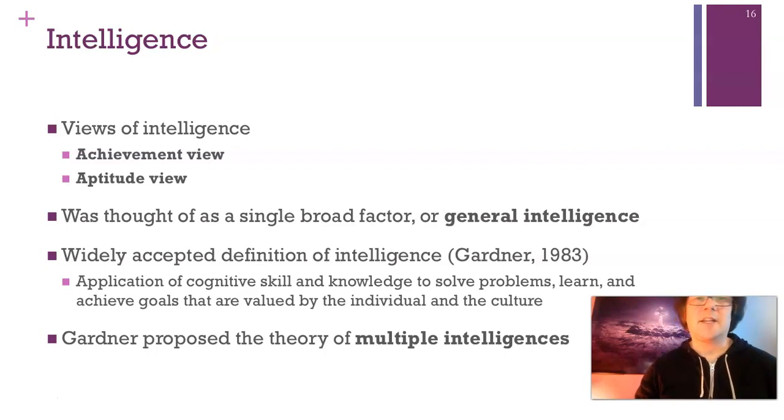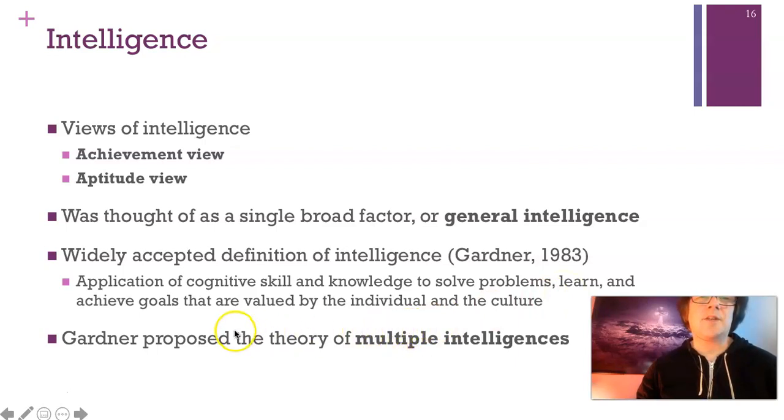He states intelligence as being the application of cognitive skill and knowledge to solve problems, learn, and achieve goals that are valued by the individual and the culture. Okay, so he definitely acknowledges that culture is playing a role in there, but also valued by the individual and culture. There's a whole lot of stuff in here that might be actually hard to measure, right?